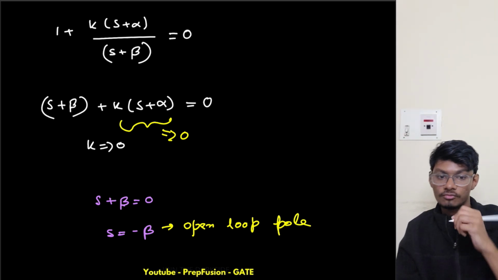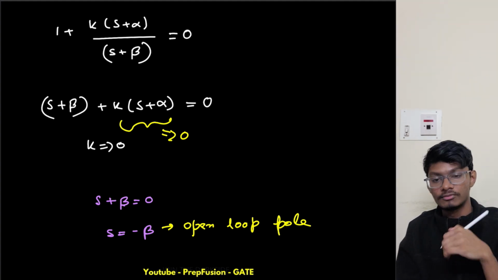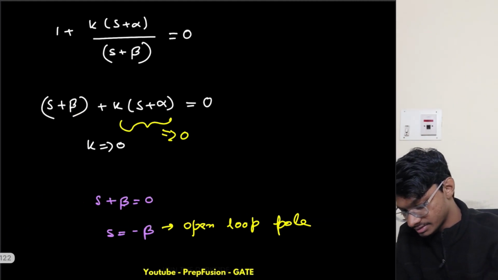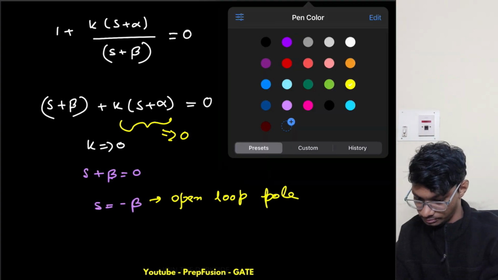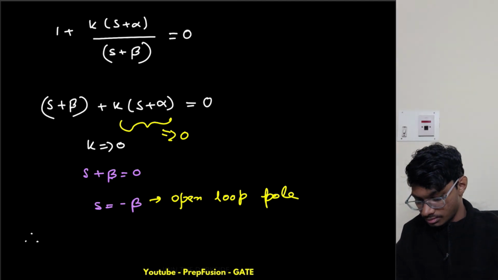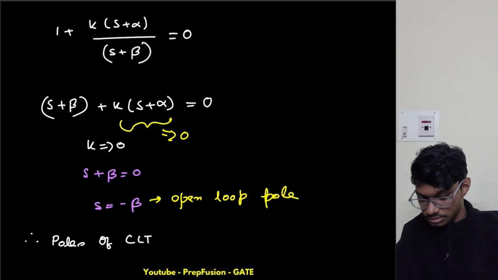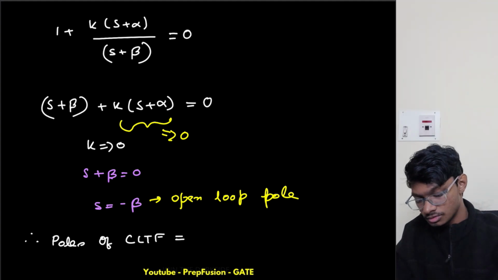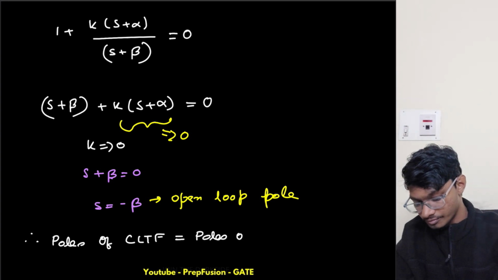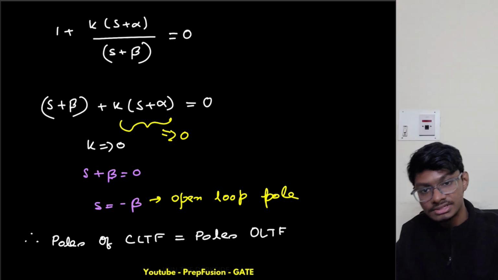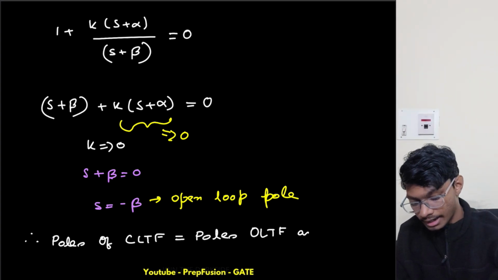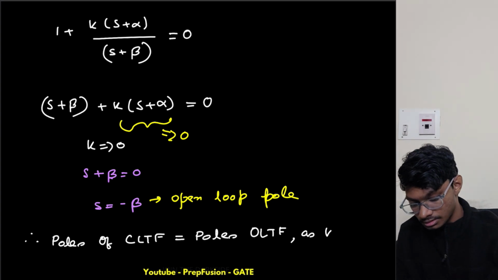So what can we infer from here? What we can infer is that the poles of the CLTF will be equal to the poles of the OLTF as my system parameter k tends to 0.